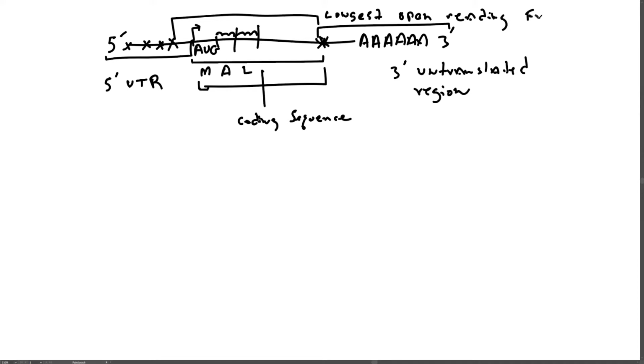And we'll get to that in one of our laboratory exercises. At any rate, this coding sequence is important because that's the part that is translated into amino acid sequence and forms the protein.